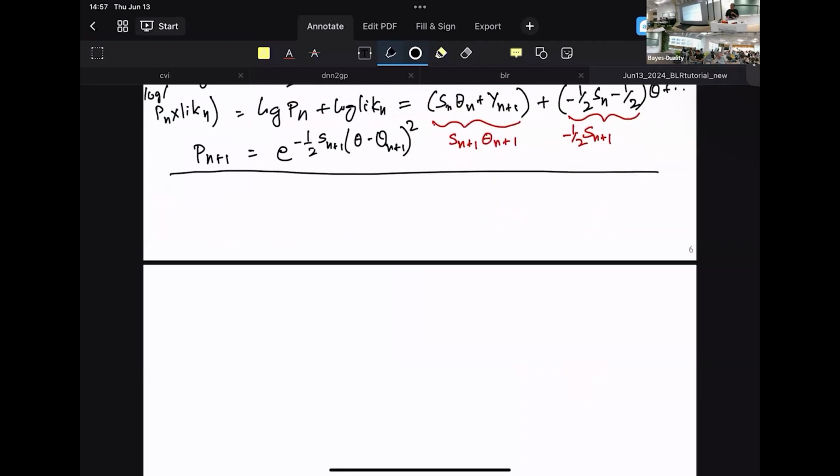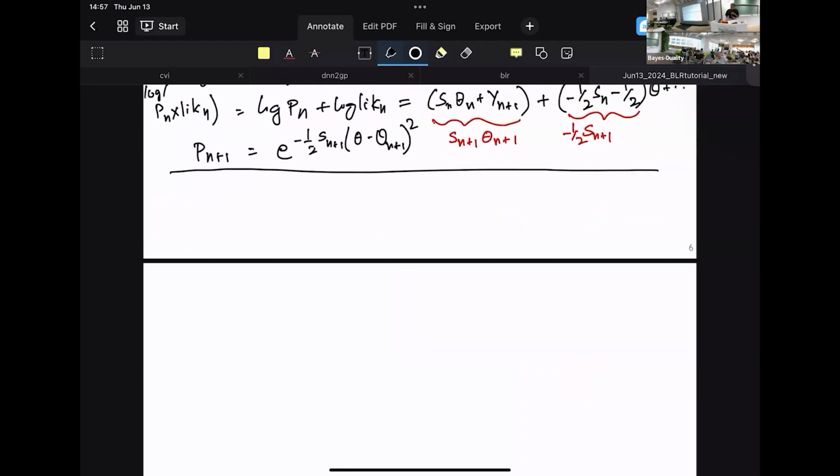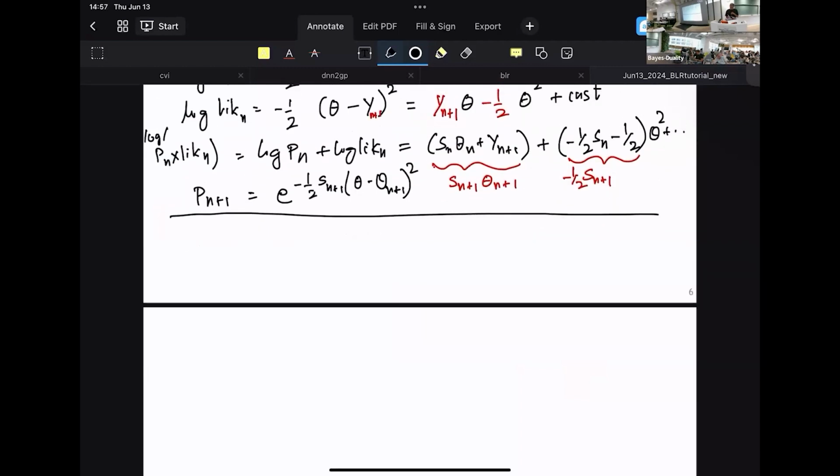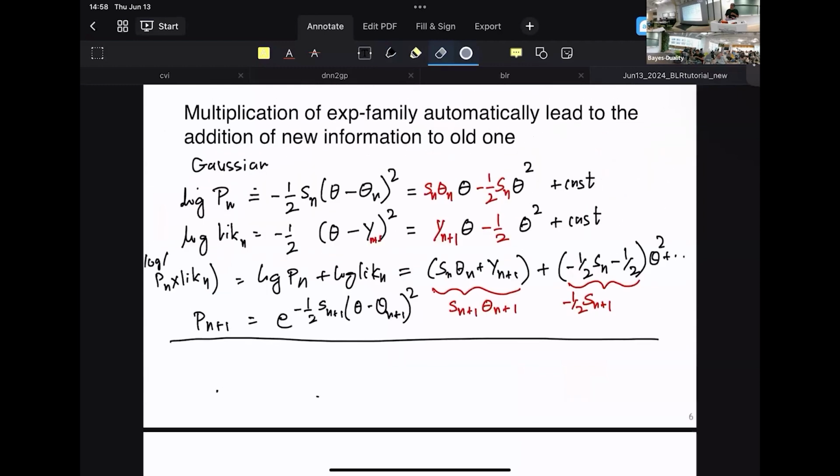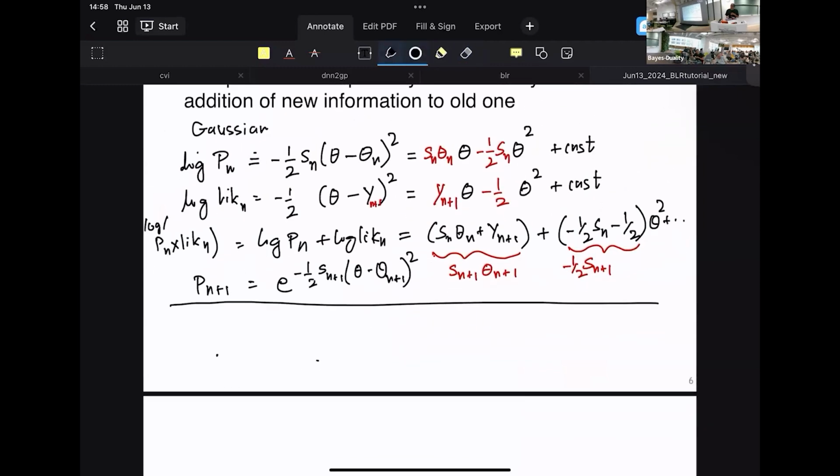Let's call Pn the exponential of lambda n transpose t of theta. Oh, I didn't define any of this. Let me try to define it. I'm going to try to write this guy as Sn.